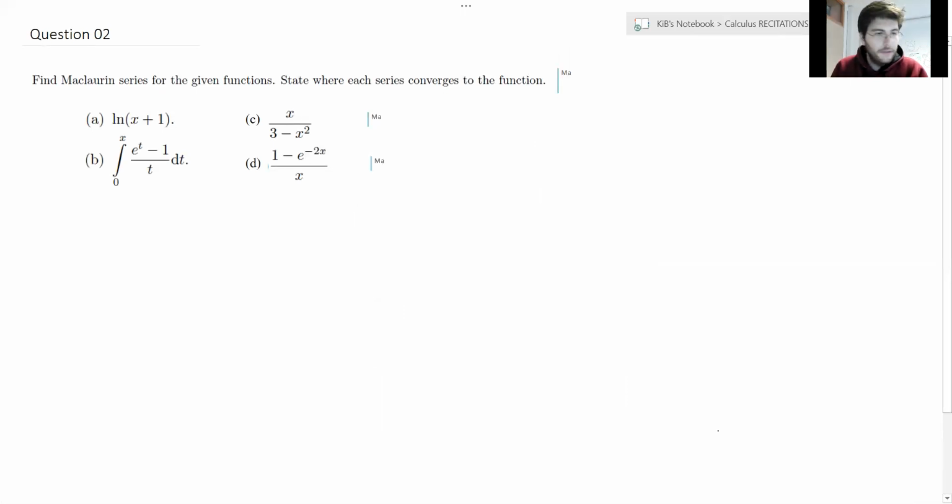For instance, in the next problem, we try to find Maclaurin series for the given functions. The idea is always the same. Why are we doing this?